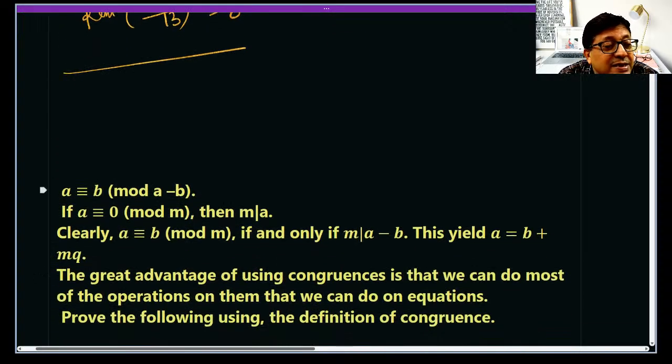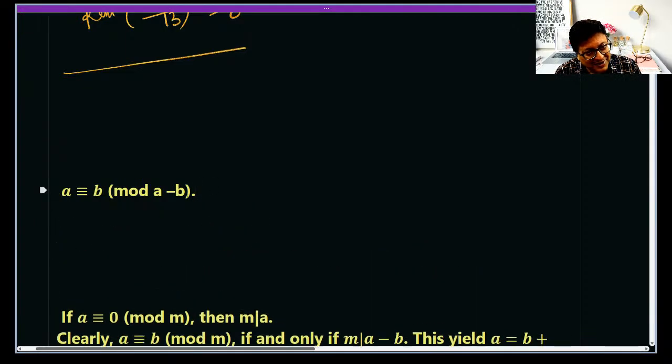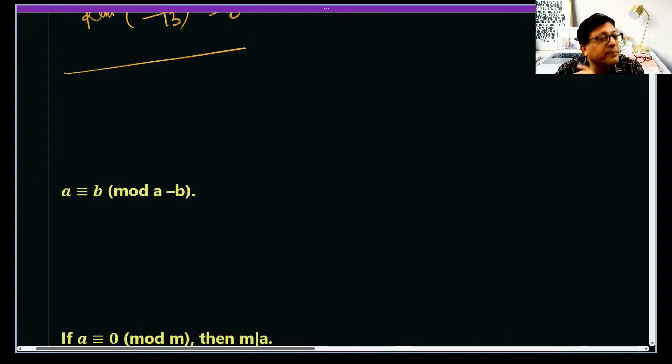Now, can I say this thing, that A is congruent with B mod A minus B? Very important observation. A congruent with B mod A minus B. Why?